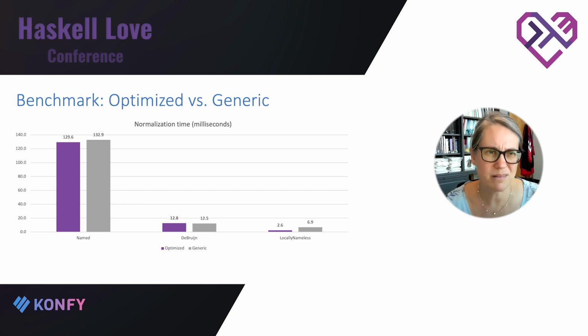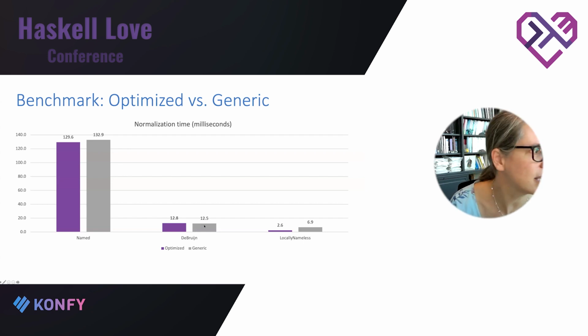And here, I want you to notice that this chart is now in milliseconds. The earlier chart was in seconds, but the overall overhead for doing the generic programming is very, very low. And in one case, it even sped things up for reasons I don't quite understand.